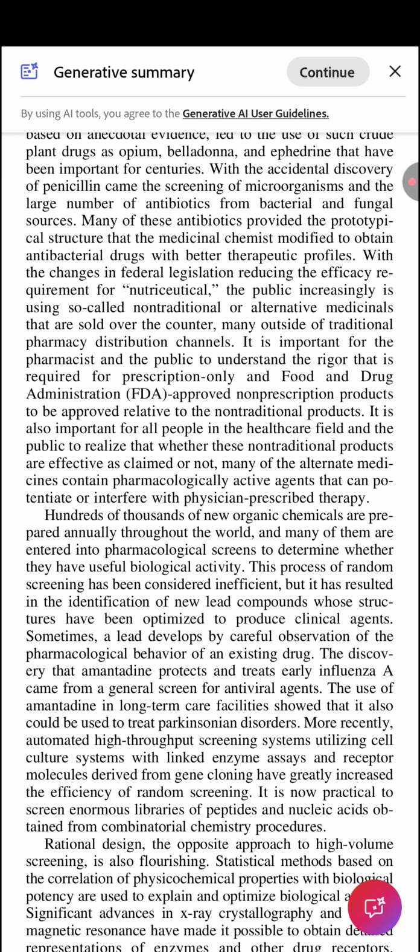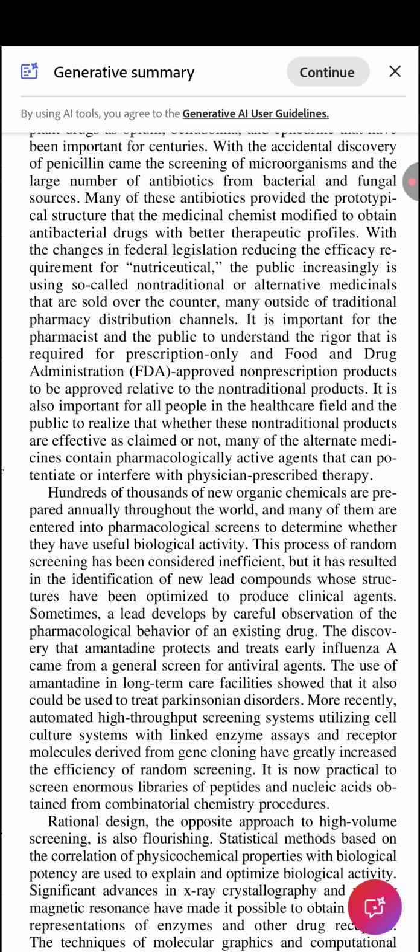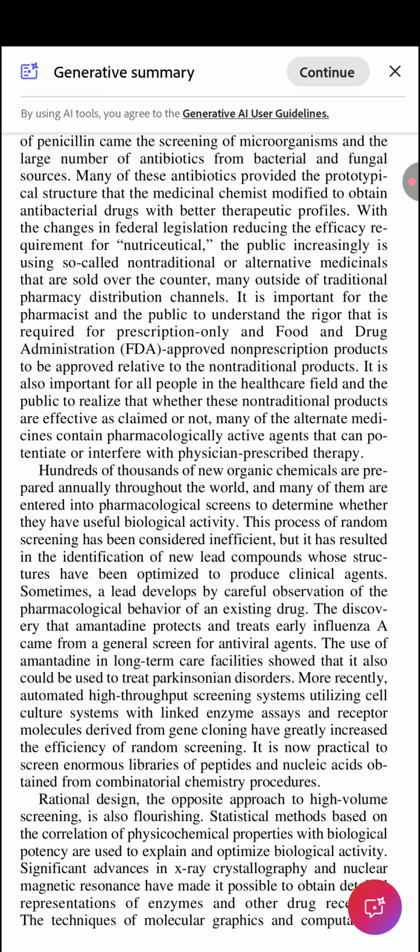With the changes in federal legislation reducing the efficacy requirement for nutraceuticals, the public increasingly is using so-called non-traditional or alternative medicines that are sold over the counter, many outside of traditional pharmacy distribution channels.